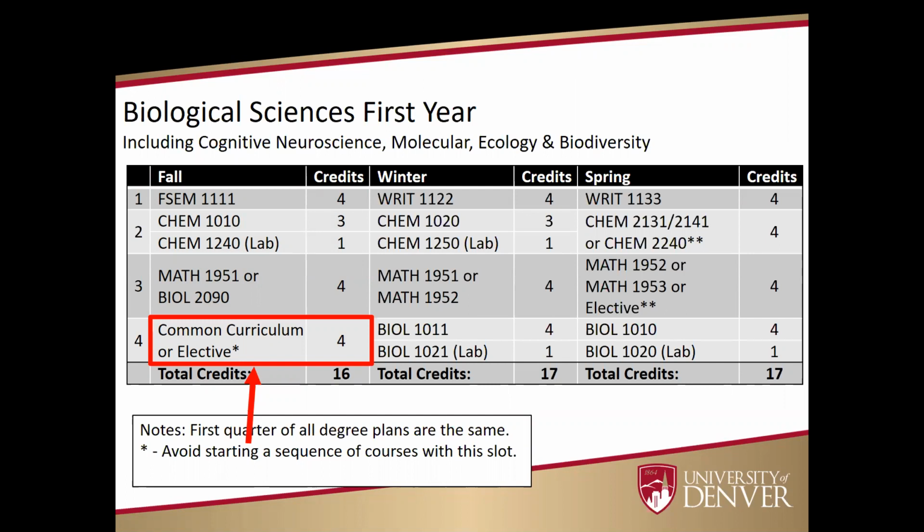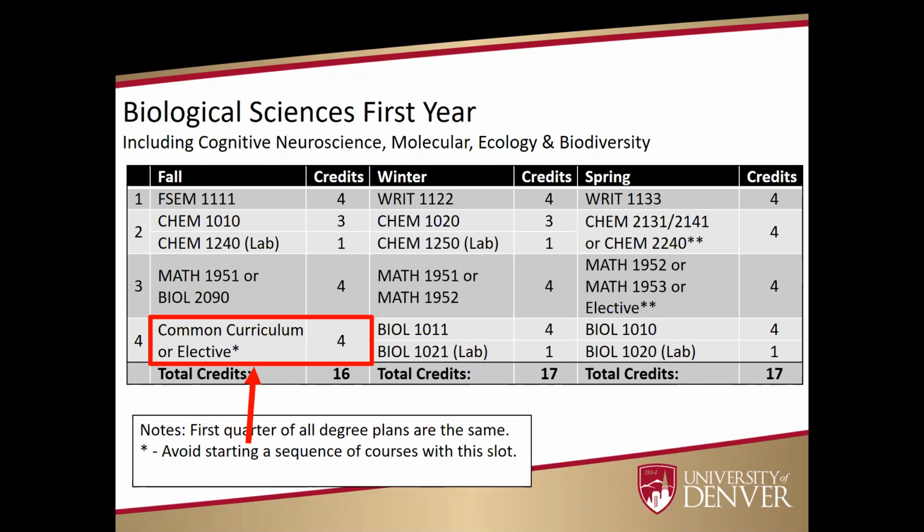As a general recommendation, we do not recommend that our students in the sciences take more than 2 courses with labs. And if you look up in the second course slot, you'll see that your chemistry lab sequence not only takes place in the fall with Chem 1010, but will continue in the winter with Gen Chem 2 as Chem 1020, and then you will complete the sequence by taking chemistry of the elements in spring quarter.